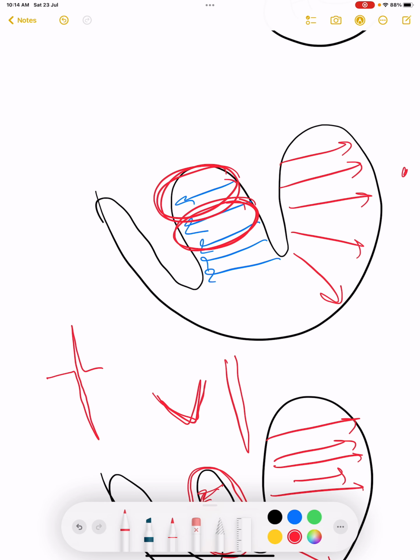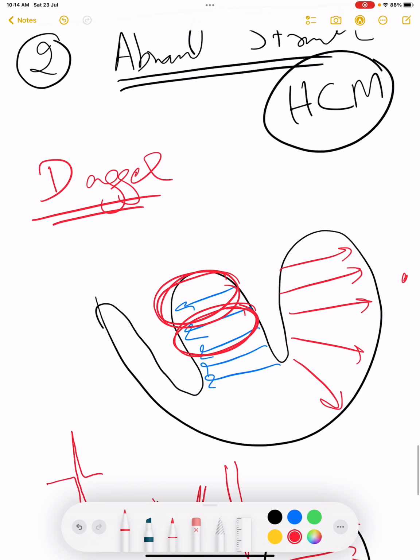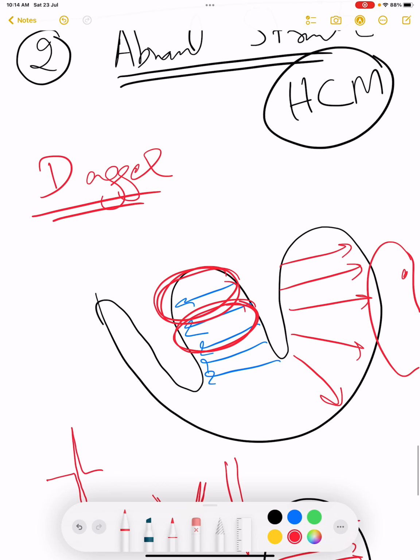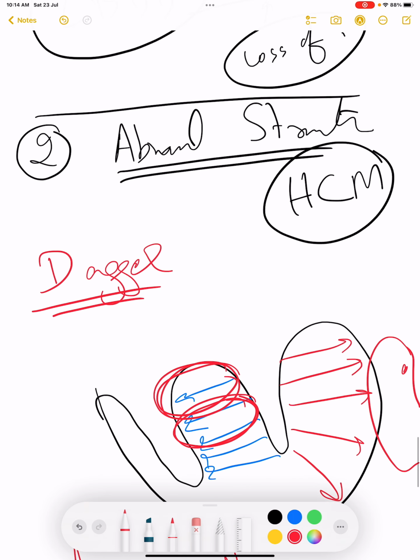Sometimes these deep Q waves look like a dagger. These dagger shaped Q waves, mostly seen in the lateral leads, demonstrate that there is septal hypertrophy, and that is a very pathognomonic finding in the ECG of hypertrophic obstructive cardiomyopathy.